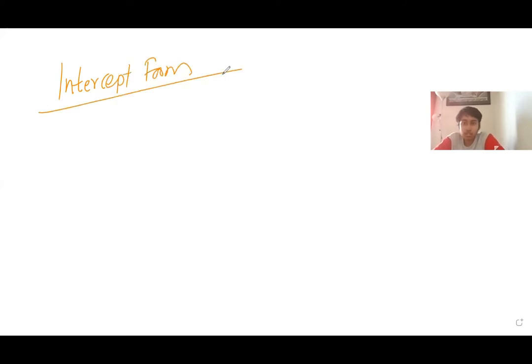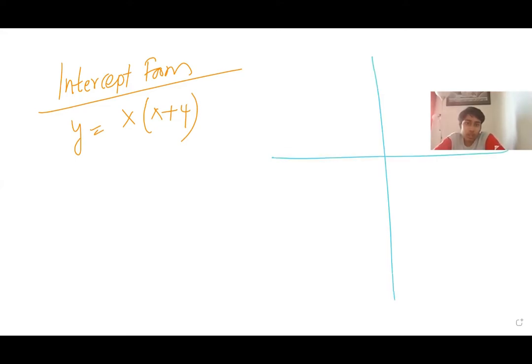Next, intercept form. So in intercept form, we give you x-intercepts. We say y equals, let us say, x times (x plus 4). How will you sketch this graph? So what I will do is I'll first locate my x-intercepts, which are -4 and also 0. Many times students will miss this.